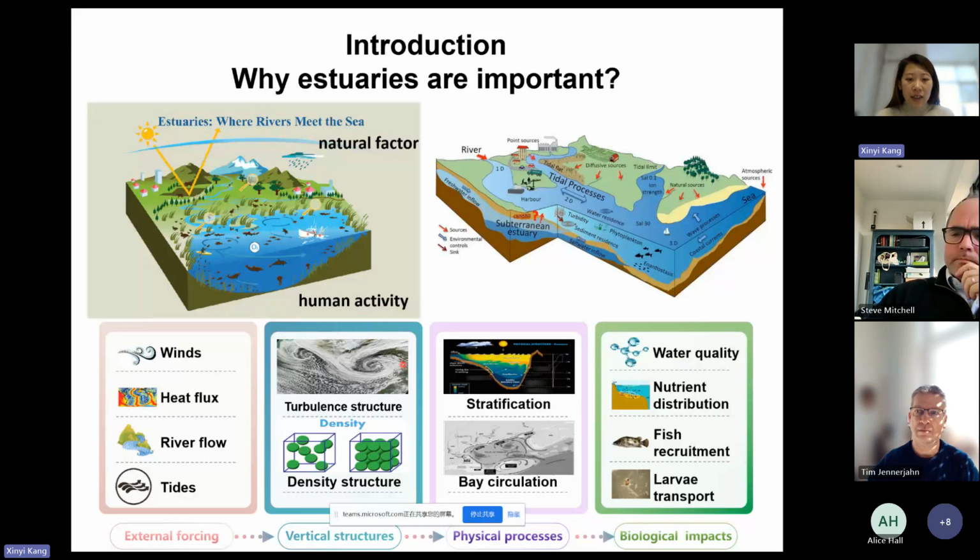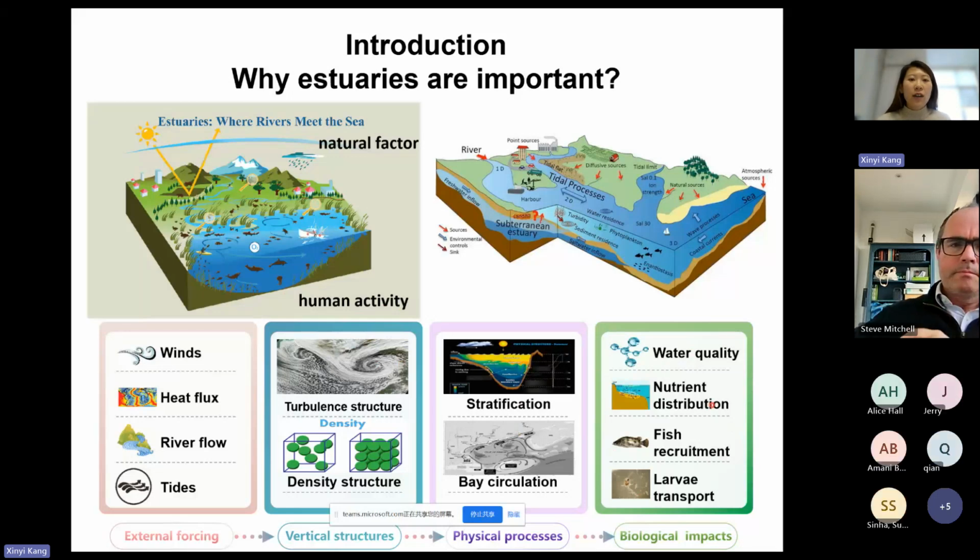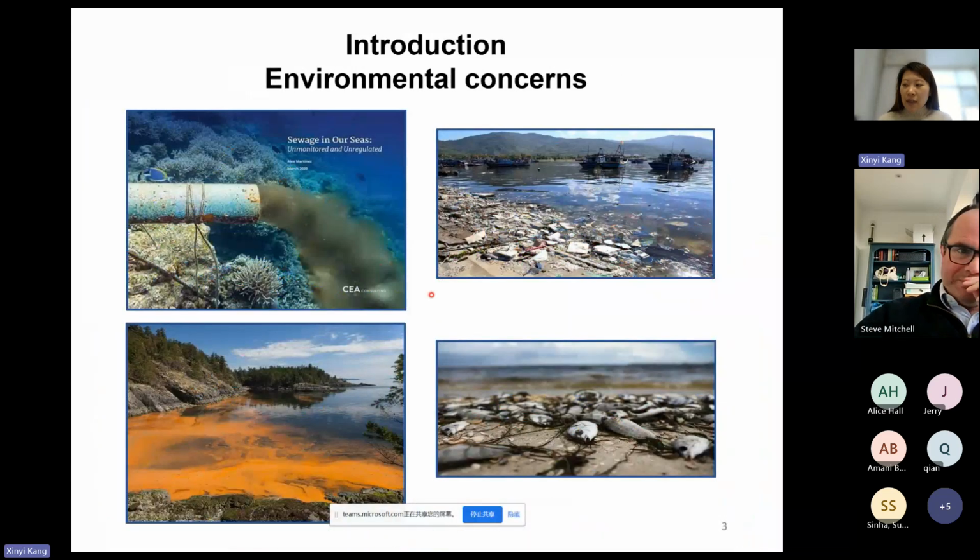The close connection between the physical and biological processes in estuaries has a significant impact on water quality and various other ecological issues. Understanding particle transport dynamics is important to management strategies and environmental assessment.